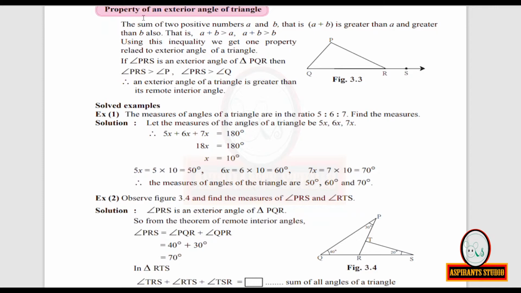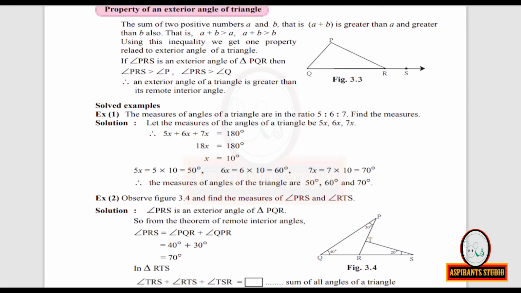So this is called the property of an exterior angle of a triangle. So what is the property of an exterior angle of a triangle? An exterior angle of a triangle is greater than its remote interior angle.